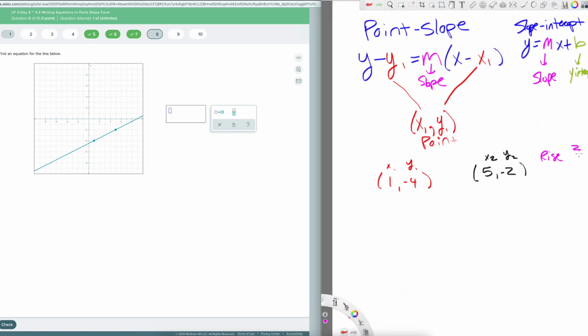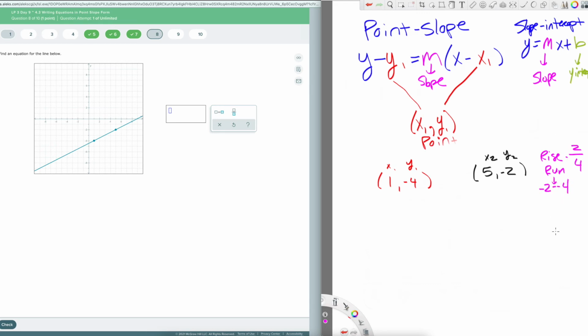But if I'm not given a graph, I can do this with the coordinates. I can say the change in y is going to be the y coordinates subtracted from each other. So I would go negative 2 minus negative 4. I want to make sure I'm subtracting them from each other. And this guy's negative, that's why there's 2 negatives.